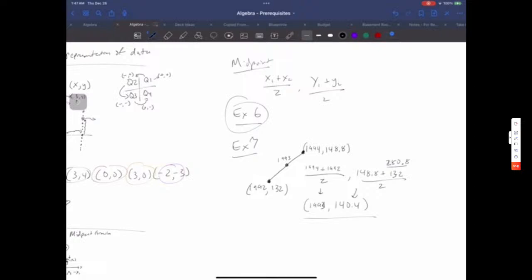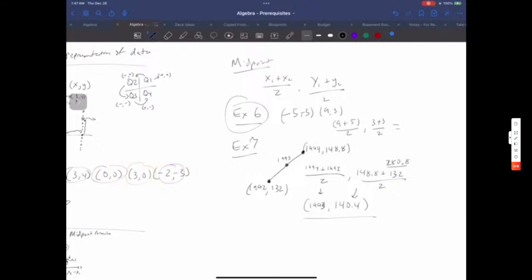Now, if we want to do example 6, very simple. It's going to say, what's the midpoint of the line joining minus 5, minus 3 and 9, 3? What's the midpoint of that line segment? Very simple. 9 minus a minus 5 divided by 2, comma 3 minus a minus 3 divided by 2.